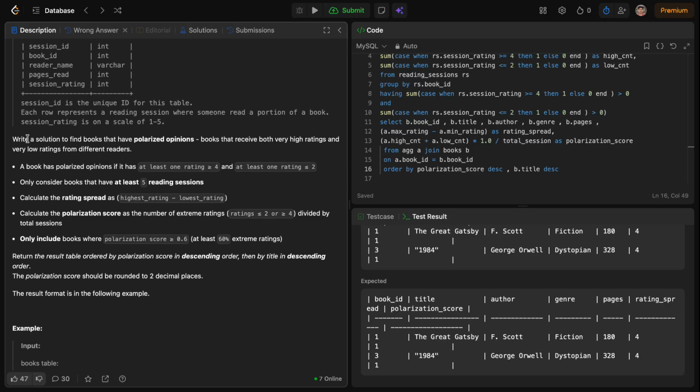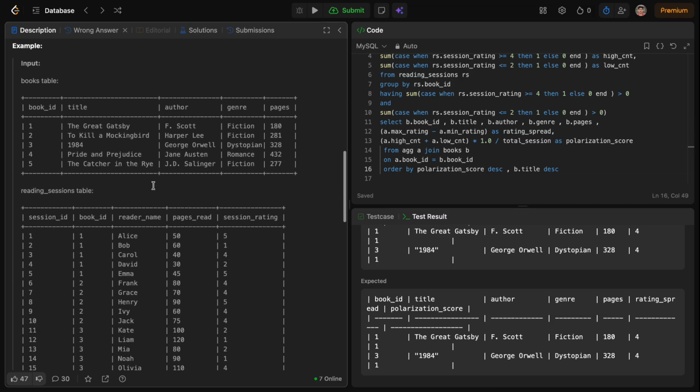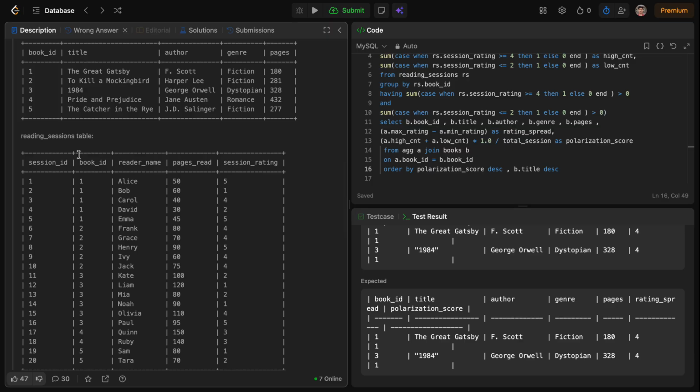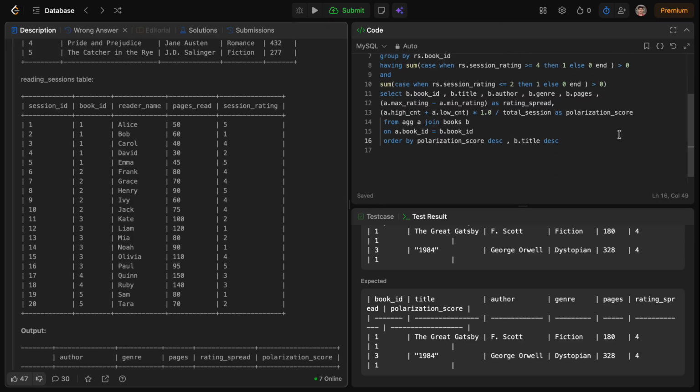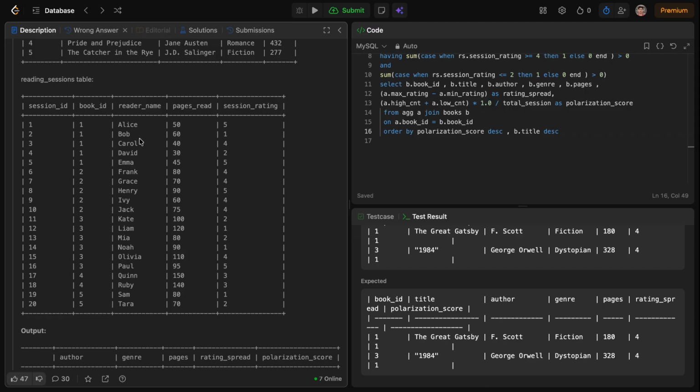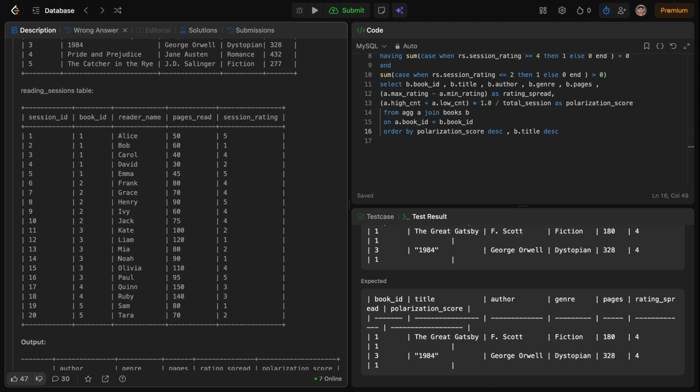The solution says the polarization is less than, okay, the count at least 5. So consider books that have at least 5 reading sessions. So where is the session rating, pages, session ID? So we have to apply the condition for the session. Okay, so let's see.